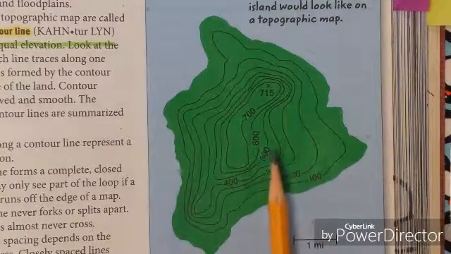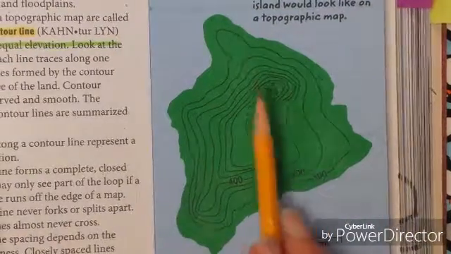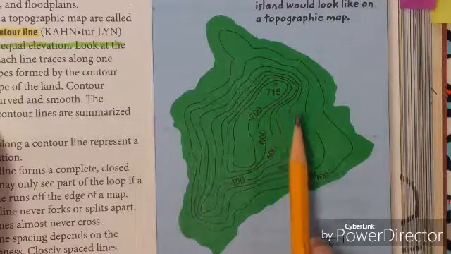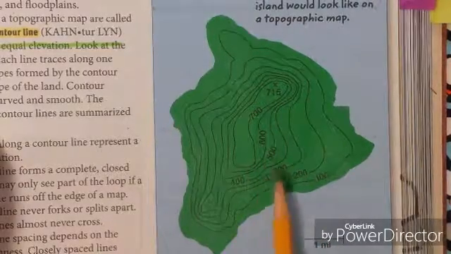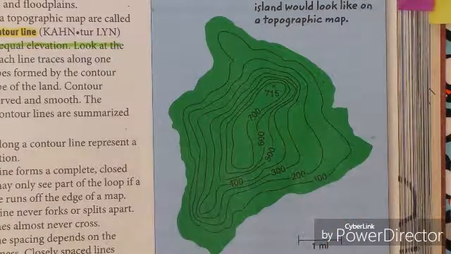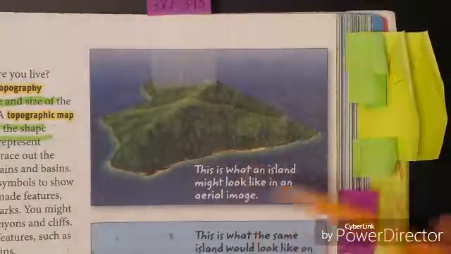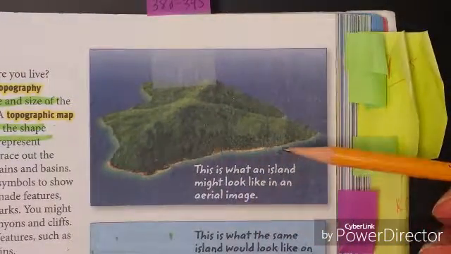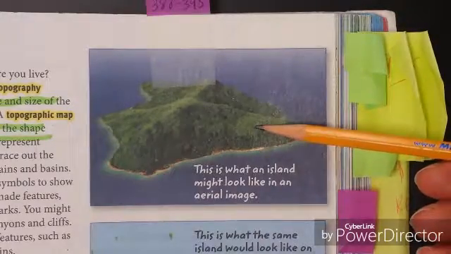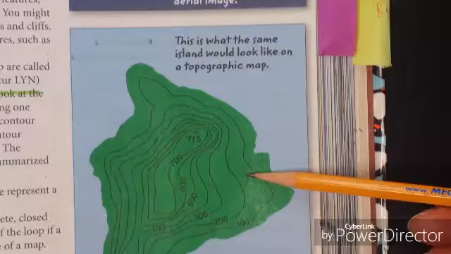So on the right, on this map, each line traces along the elevation. The shapes that form by the contour lines show the shape of the land. The contour lines are smooth and curved. They're characteristics that you learned about the other day when we read what's important about contour maps, the rules of contour maps. You have a question on this page asking to compare the top photo to the topographic map.